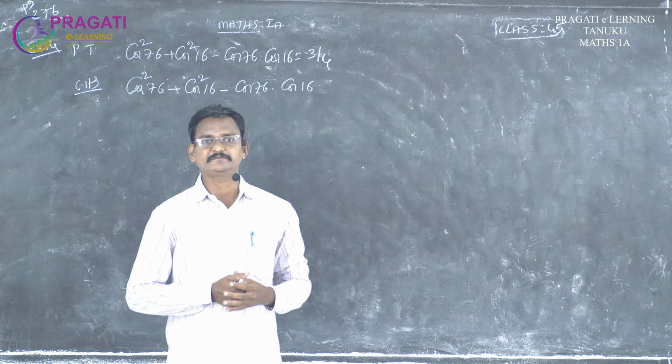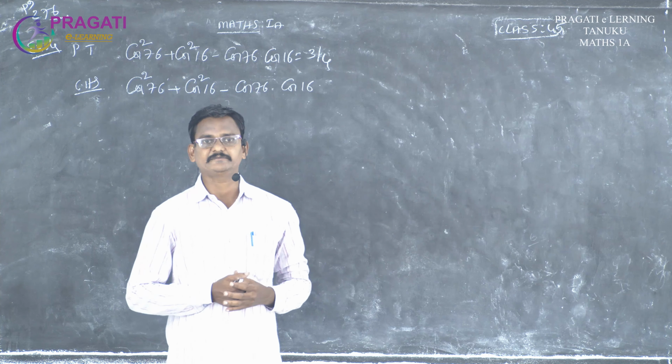Minus, here is a product of two trigonometric functions. If you want to apply any formula to a product, the constant 2 is required here. So divide by 2 and multiply by 2, cos 76 · cos 16.